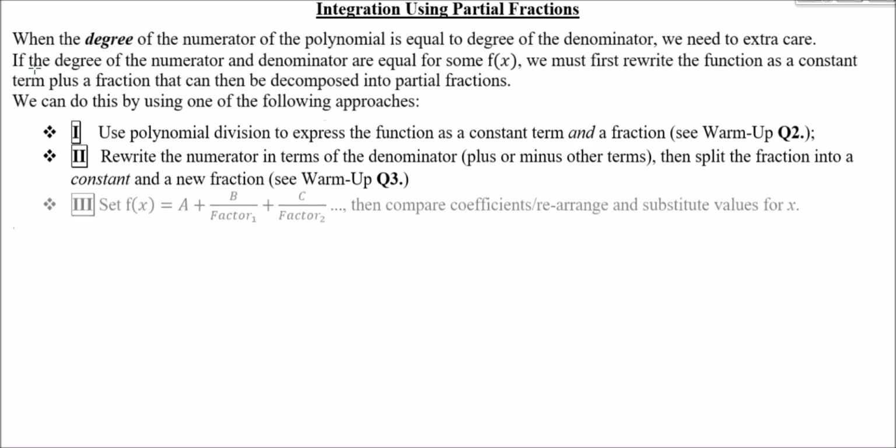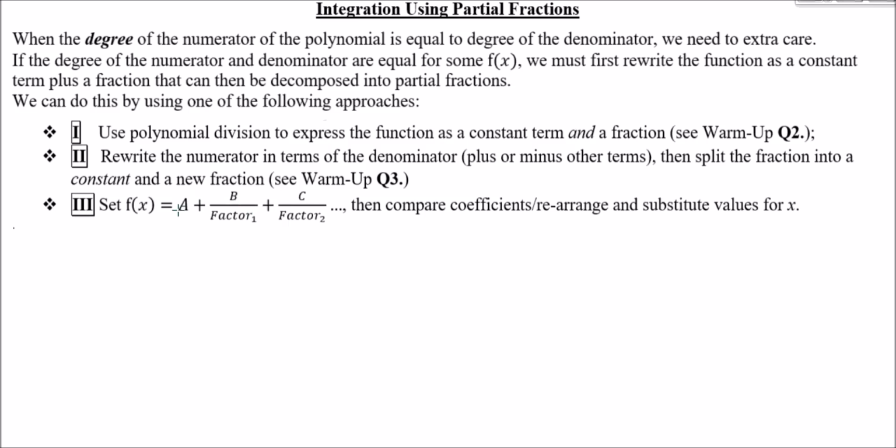And finally, approach number 3, set f of x as some constant term a, and then plus some constant over the first linear factor, plus some constant over the second linear factor, and so on. And then compare the coefficients and rearrange as necessary, and substitute values for x, to then work out what these constants a, b, c, d, etc. are. So this bit here works and is much easier to see in practice.